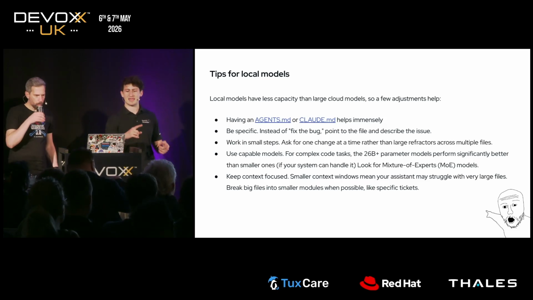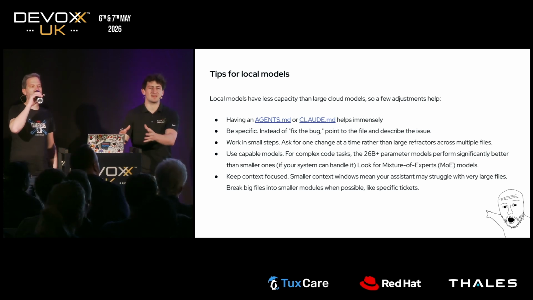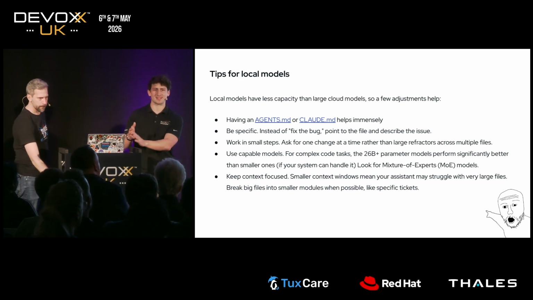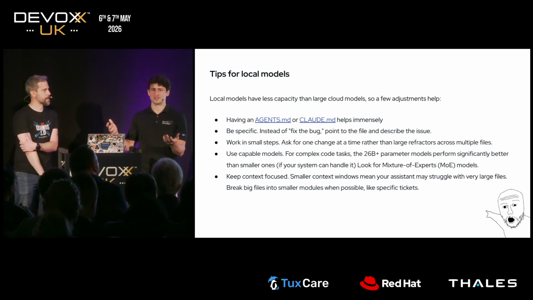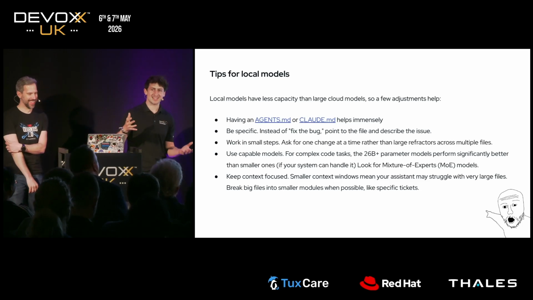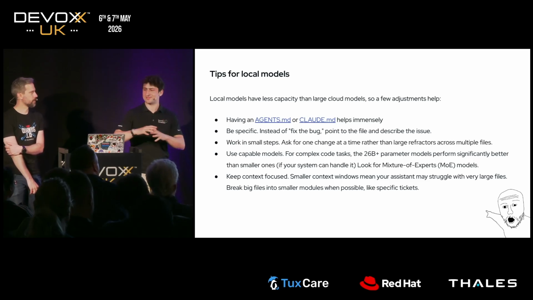So this might be an agents or Claude markdown file. Think about it: every time you ask the LLM something, it's like waking up fresh from a coma. It has no knowledge of what happened. It's just fresh out of its training data and is looking at your project.